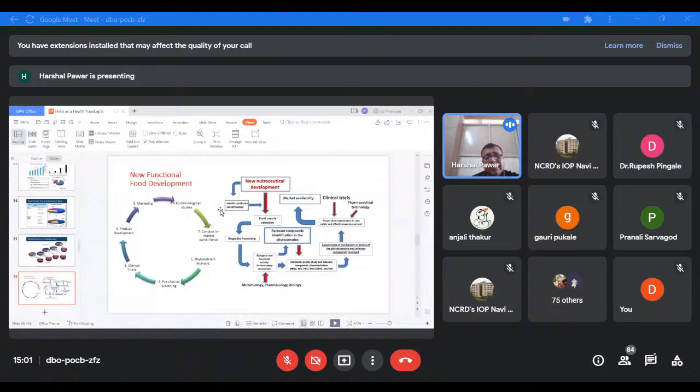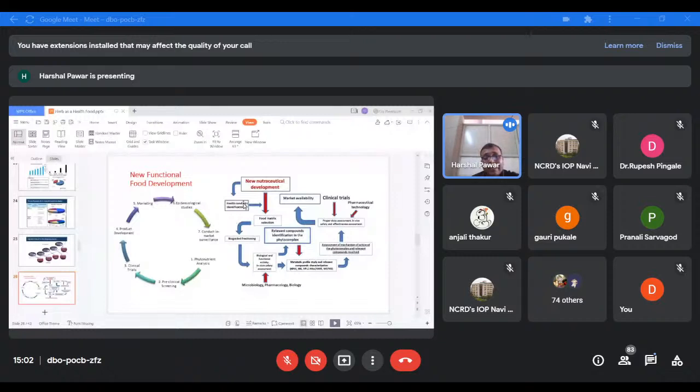Based upon the health condition, you are going to identify a particular herb, right? After identification of that herb, you will have to go through its phytochemistry, right? You will have to extract or isolate a particular component from that particular part of the herb, right?